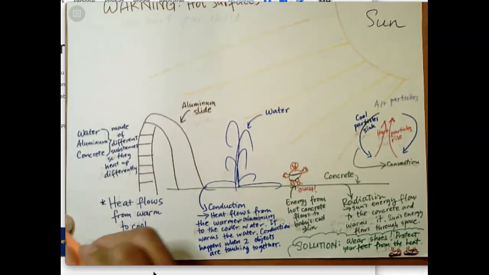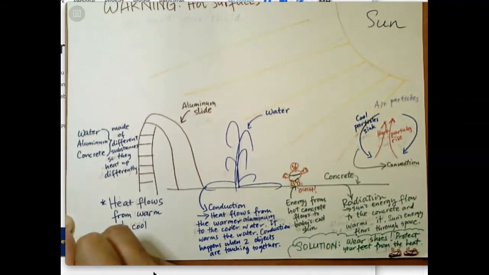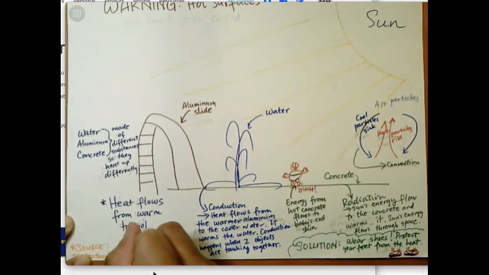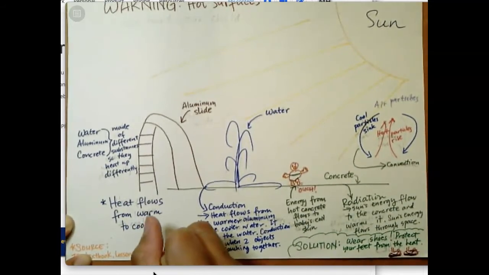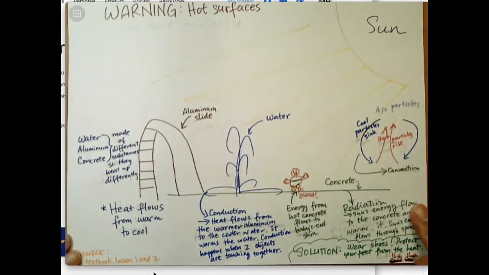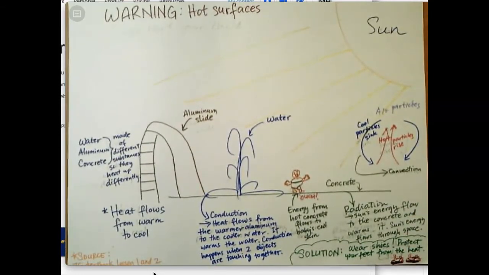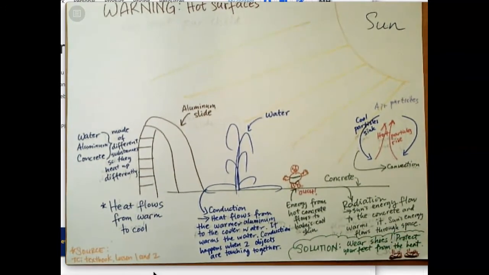So if you just put that your source is our TCI textbook, lessons 1 and 2. Okay, and that completes this summative. If it is not in color, that will be a 7. If it is in color, then that will be an 8.